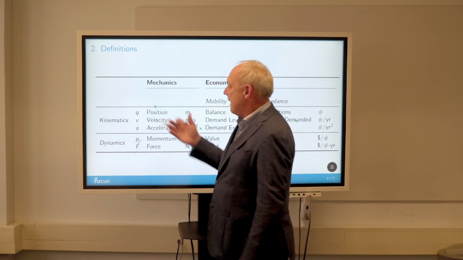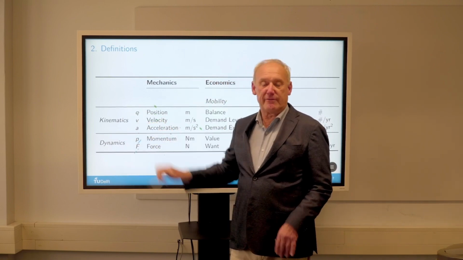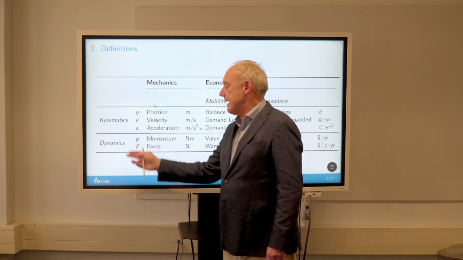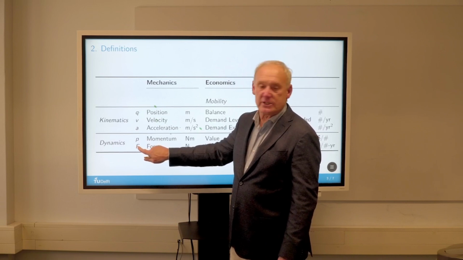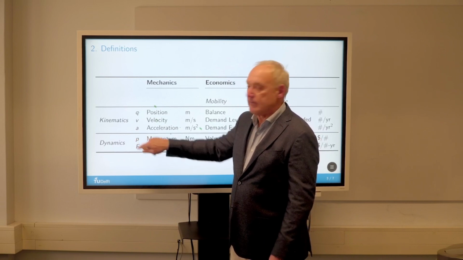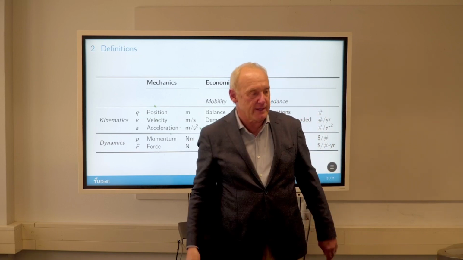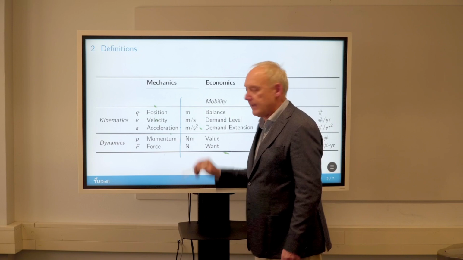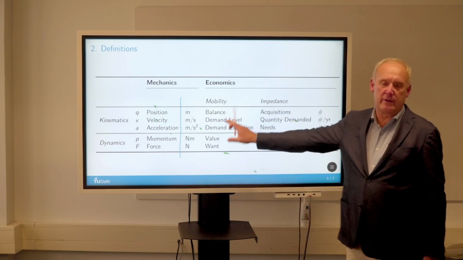If you have some robot, you can describe where it is, how it's going, and how fast it's accelerating. But if you want to bring in the dynamics, you bring in the causes of the motion. So you have to say, on the actuators, what forces are acting on it? What's the momentum that each limb has so that it doesn't overshoot and that kind of stuff. These are the concepts that we'll be going through in the definition.